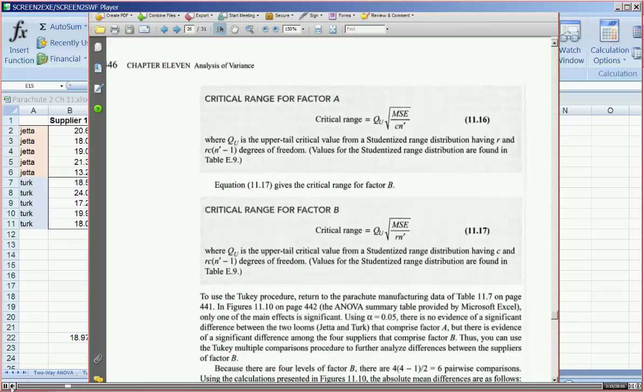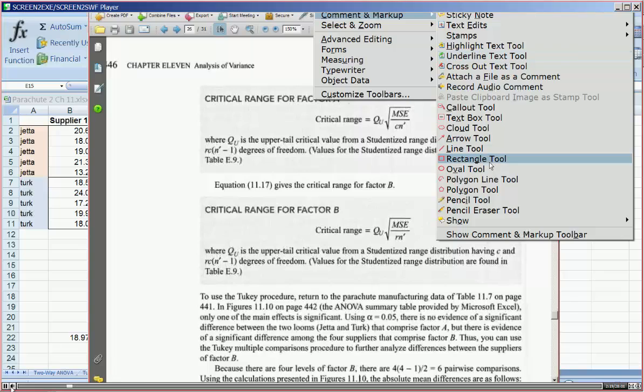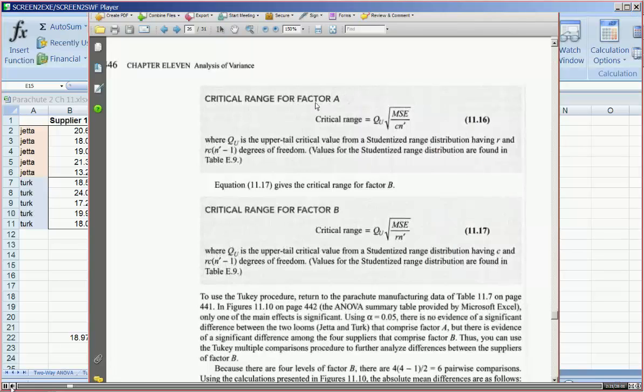This is the equation. Let's give it a little nice red frame so we know we've looked at it. Here we go. Critical range. We are familiar with all these terms here.